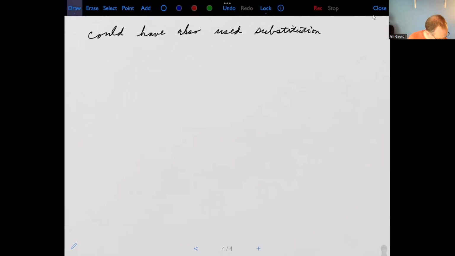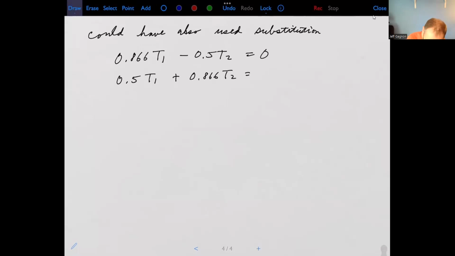Remember the equations were 0.866 T1 minus 0.5 T2 is equal to 0, and then 0.5 T1 plus 0.866 T2 is equal to 150.